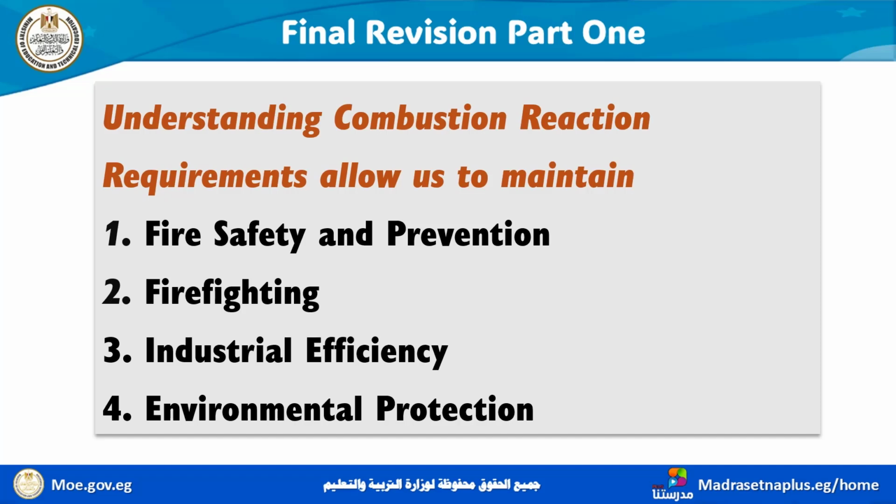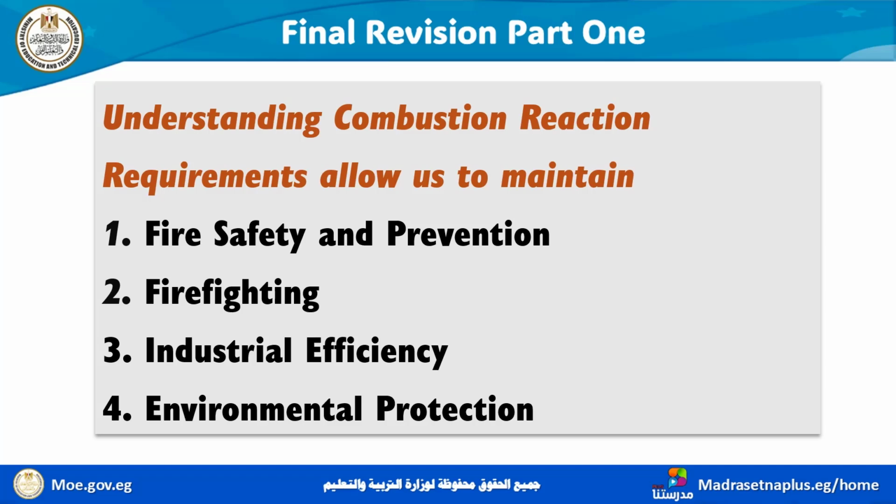It's very important for fire safety and prevention to learn about the 3 elements needed for combustion, which are fuel, oxygen, and heat, so we can prevent fires by keeping these elements separate, by storing flammable materials away from heat sources.